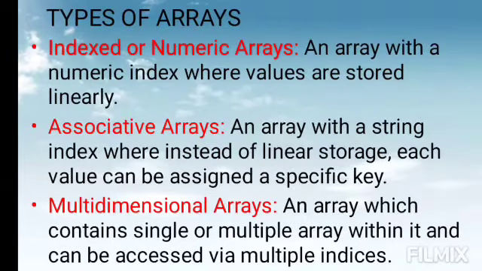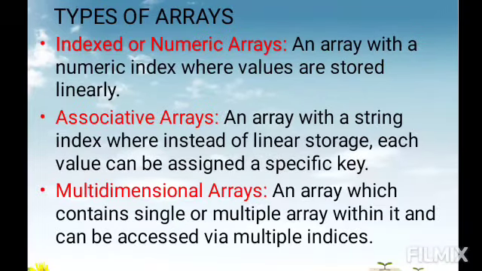There are mainly 3 types of arrays available in PHP: indexed or numeric arrays, associative arrays, and multi-dimensional arrays. A normal array in C language is an indexed or numeric array. An array with a numeric index is called an indexed or numeric array. Associative arrays are arrays with a string index.